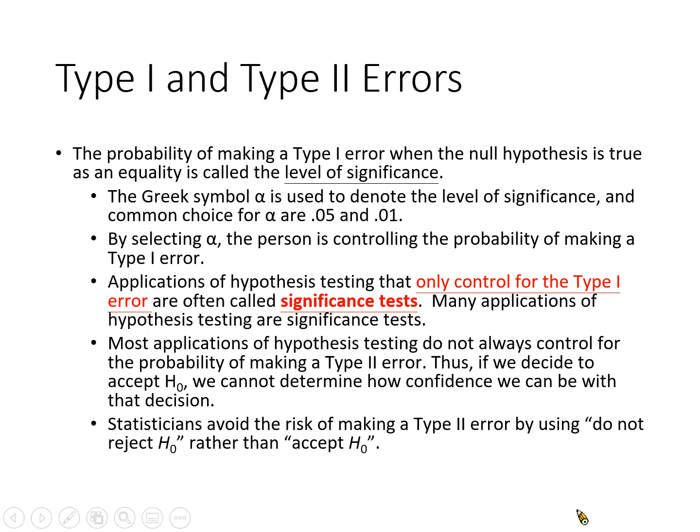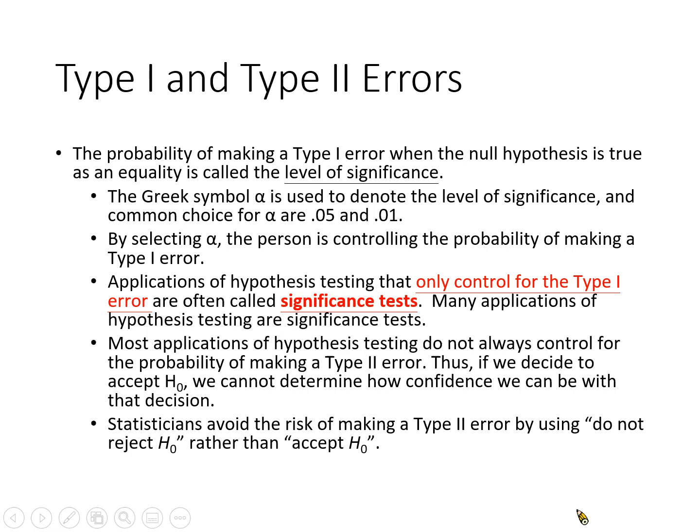The probability of making a type 1 error when the null hypothesis is true as an equality, we call the level of significance, and usually use the Greek symbol alpha to represent it. To test such a hypothesis, we choose a level of 0.05, 0.01, or larger, that is 0.1.